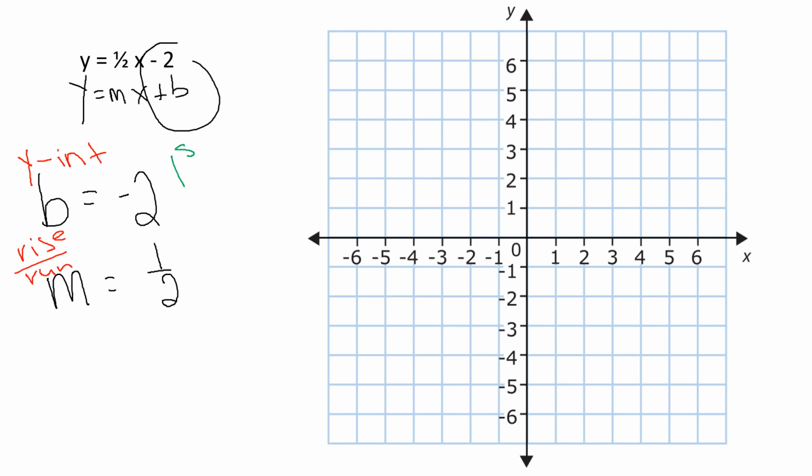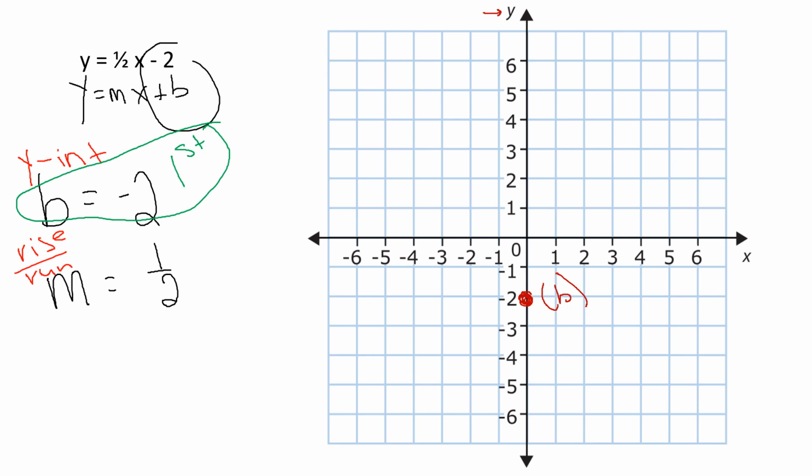Always, always, always plot your b first. b is where it crosses the y-axis, and this is -2. So there's my first point. Okay?